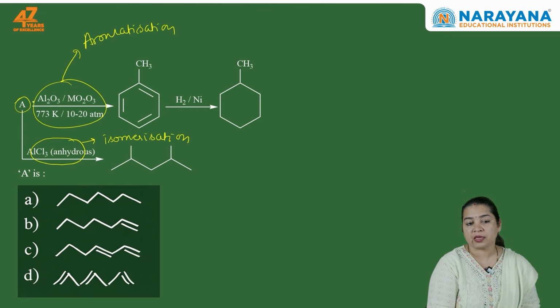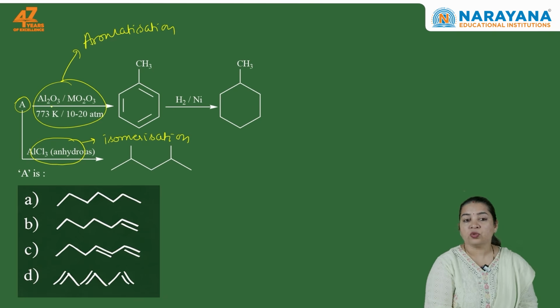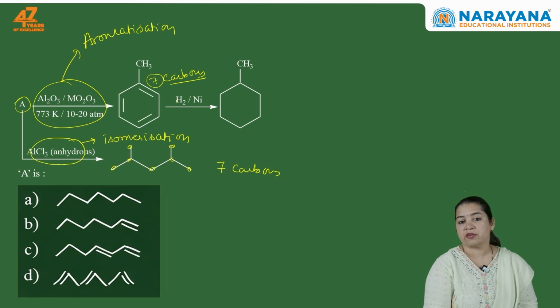So the same alkane is going through two different reactions, and from isomerization you can clearly see 1, 2, 3, 4, 5, 6, 7 carbons are present, right? And here also you can see 7 carbons are present because it is forming toluene, right? Both these reactions indicate 7 carbons.